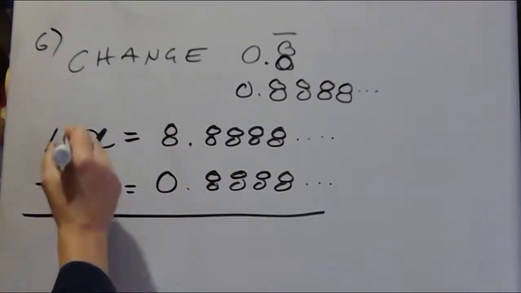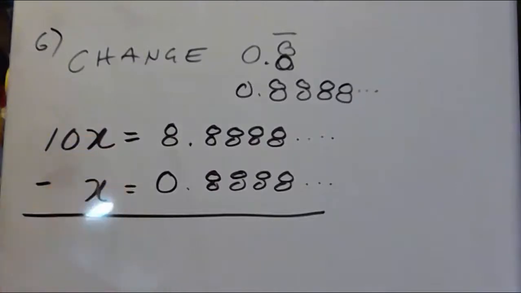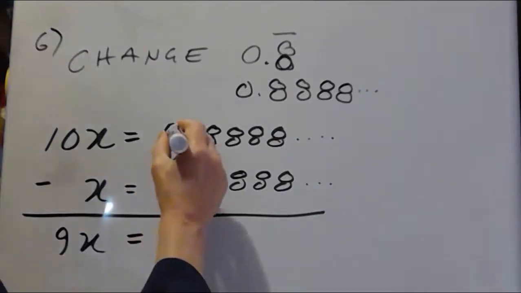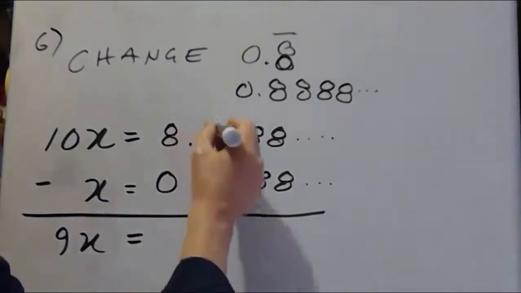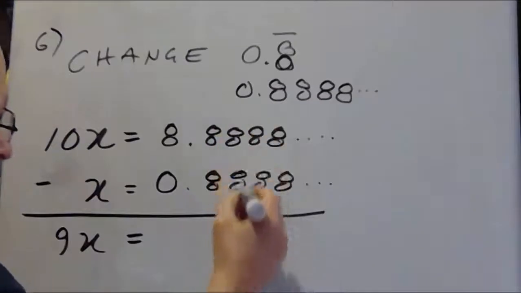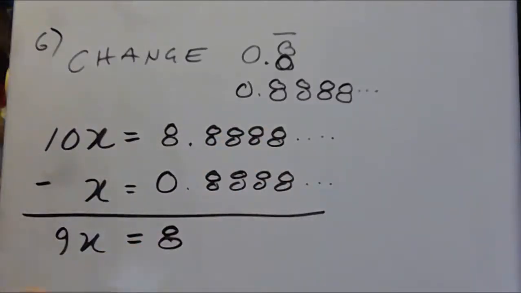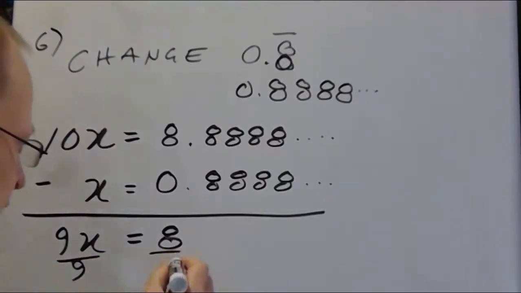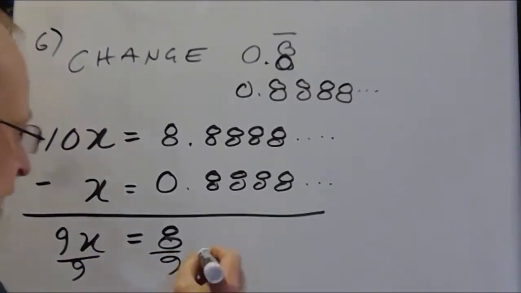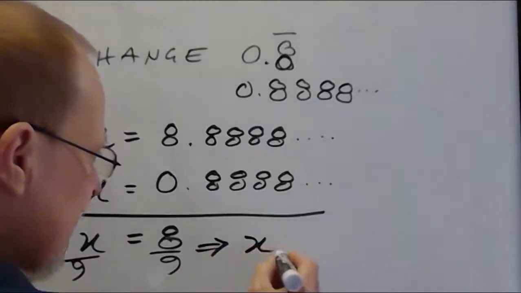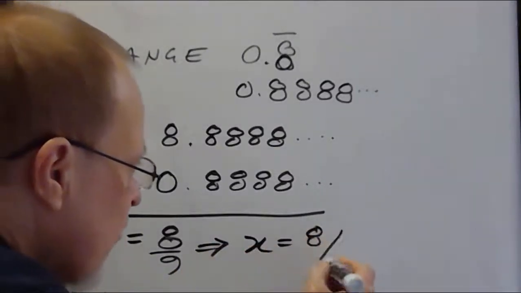So here we have 10x minus x, which leaves us with 9x, and then it's 8 minus all that, and when we subtract, the repeating part goes away and we're left with 8. Then, as usual when we solve for x, divide by 9, and this implies x is equal to 8 over 9.